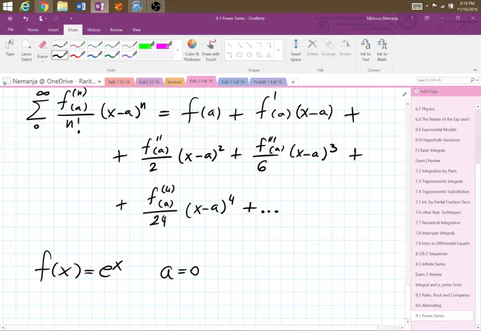So that's what there is. We chose a equals 0, which is e to the 0, which is 1. So it'll be 1 plus 1 plus.